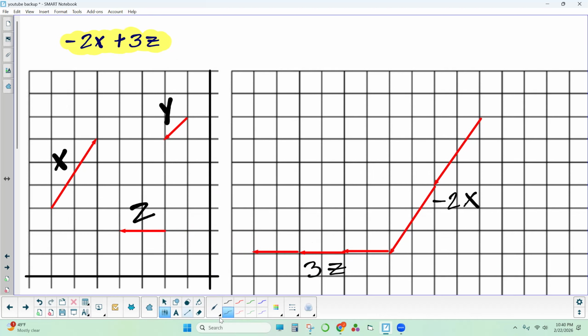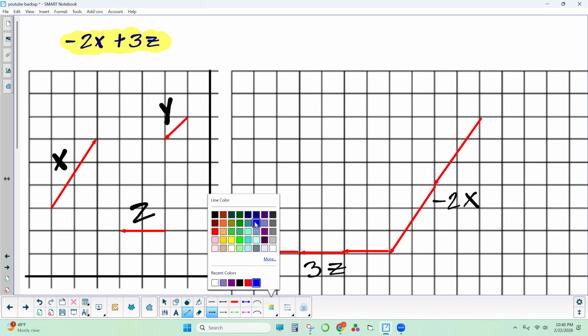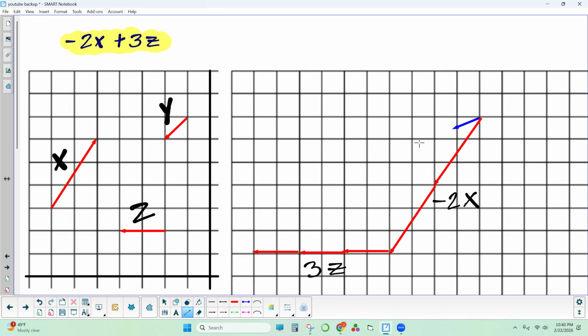Okay, and now my resulting vector starts at the beginning and goes to the end. And I will label my resulting vector negative 2x plus 3z. And now we are done.